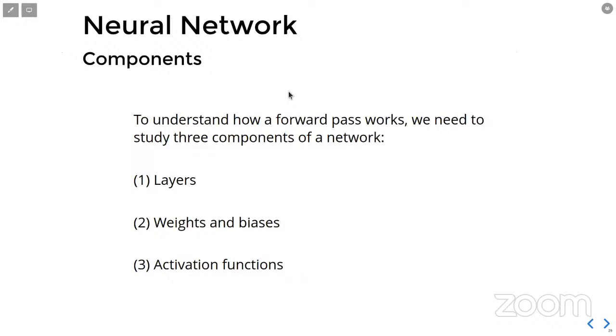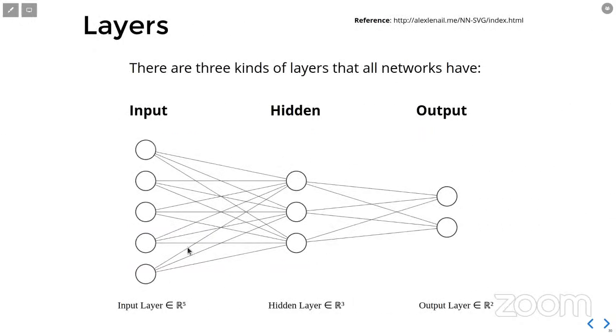Okay, so we looked at three components. One was the layer, the other is weights and biases, and then the activation functions. The layers are probably the most important part of the network. Each layer has a set number of neurons.